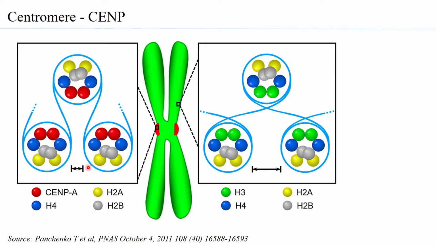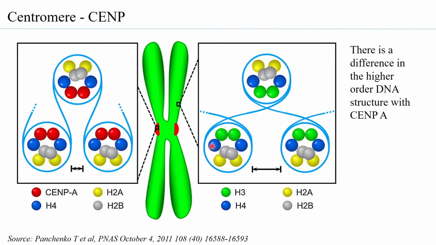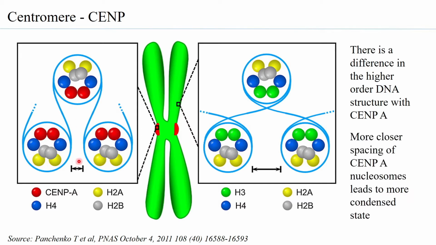So here it is more condensed, here it is more open. You can see a difference in the higher order structure that is formed because of CENP-A. So the spacing of the CENP-A nucleosome leads to a more condensed state that way.